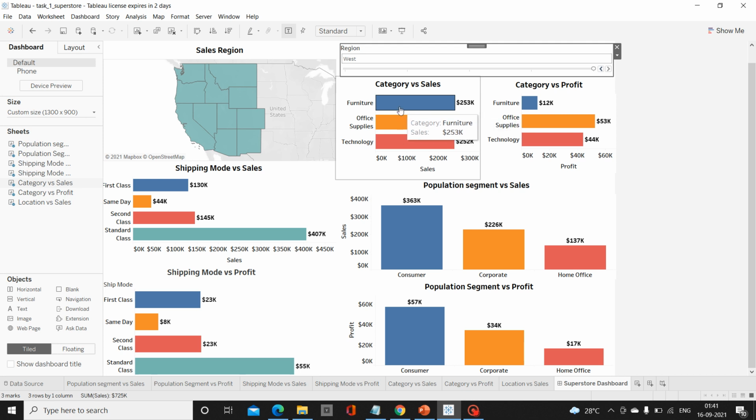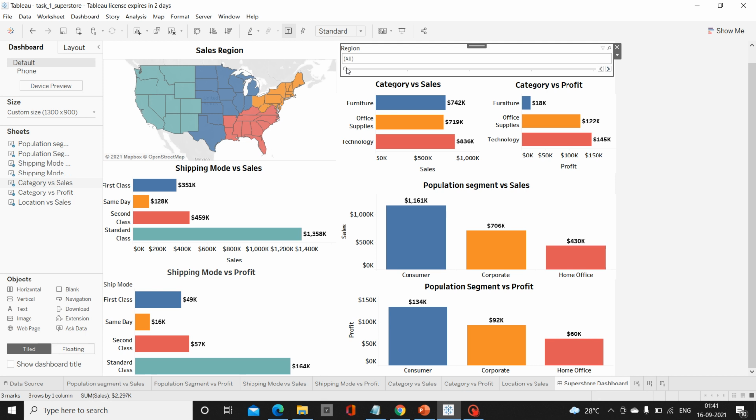And this leads us to question the investment of capital in all the three categories. And this makes us understand that the capital invested in furniture is way more than that invested in office supplies and technology, which results in such a low amount of profit in comparison to office supplies and technology.